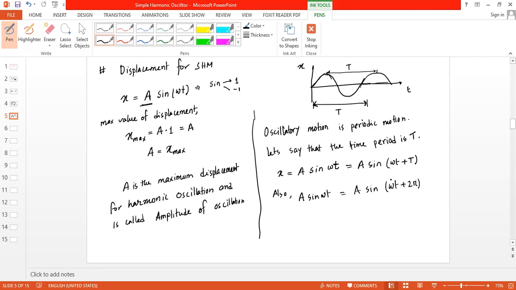That means we can say that the right hand side are equal. So we can write a sin omega t plus capital T equal to a sin omega t plus twice pi.